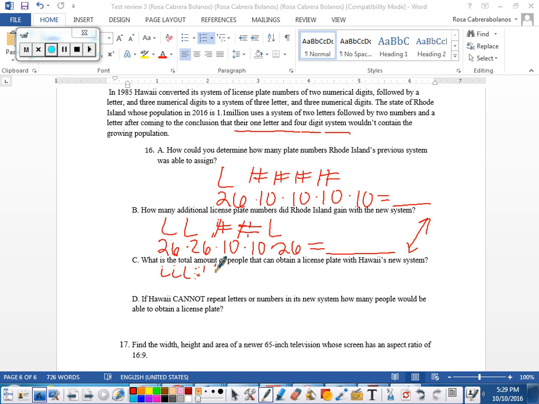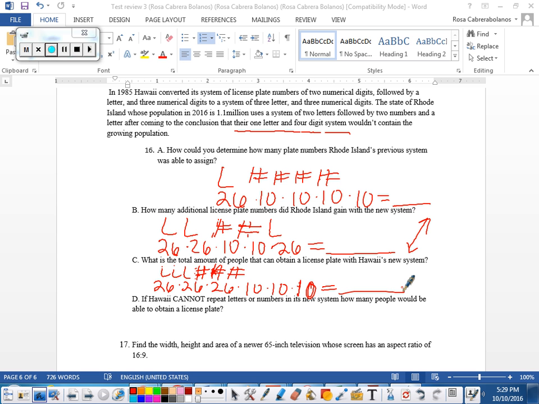So 26 letters in the alphabet, 10 numbers from 0 to 9, sorry, I've been saying letters from 0 to 9. Weird. And then multiply that out, and that's what that gives you.